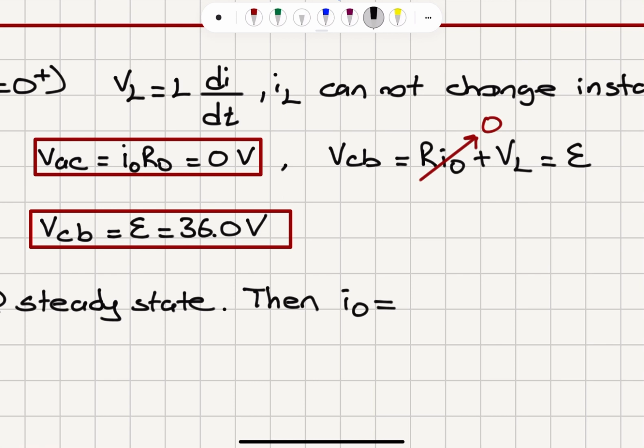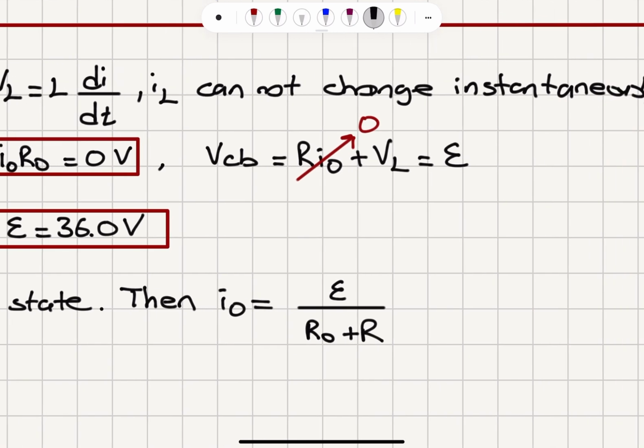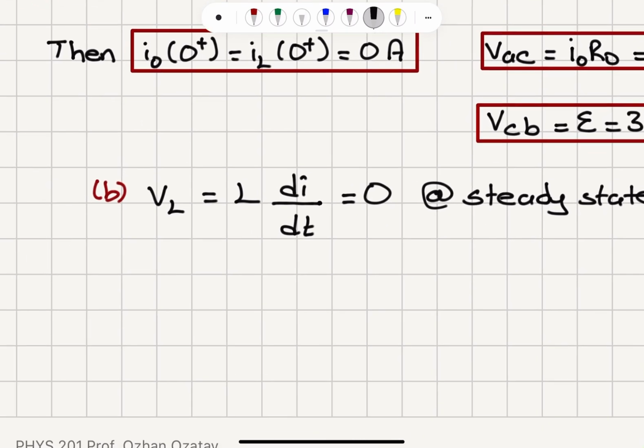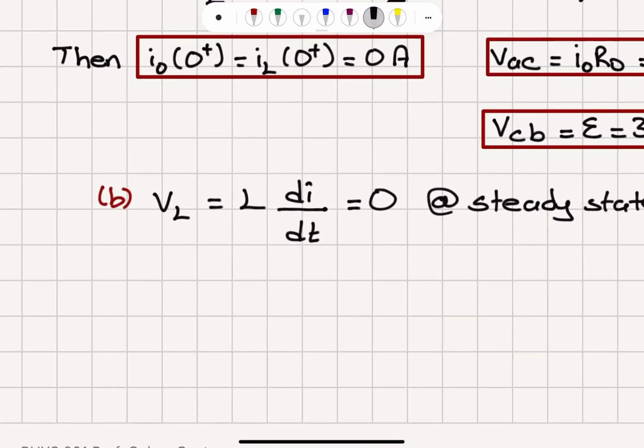So I will see that I0 is epsilon, the source voltage, divided by the total resistance R0 plus R, and that's equal to 36 volts divided by 50 ohms plus 150 ohms. So the steady state current I0 is 0.180 amps.